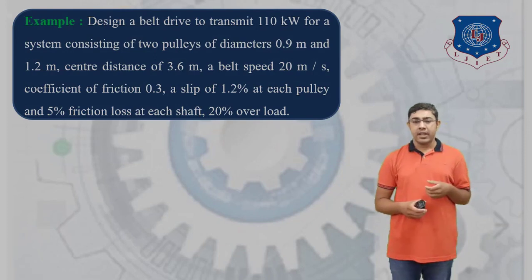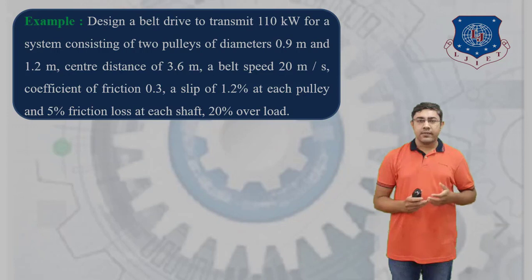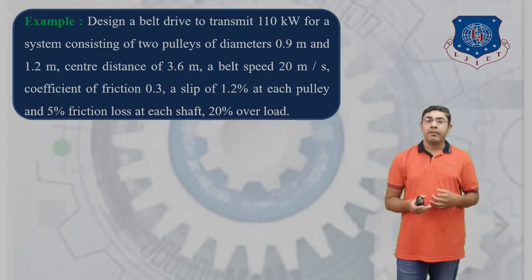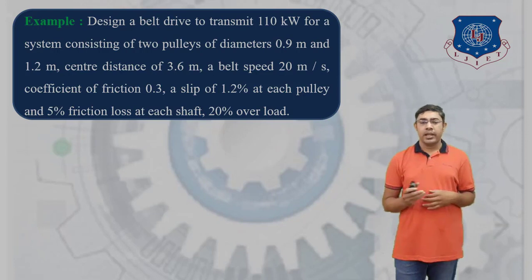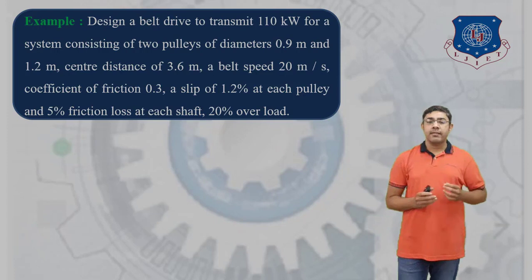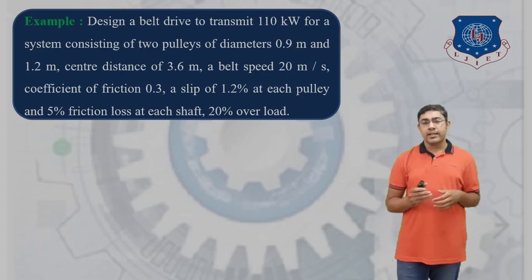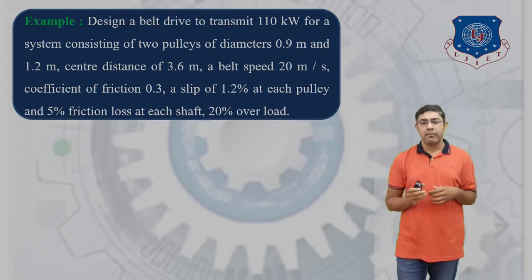Design a belt drive to transmit 110 kilowatt for a system consisting of two pulleys of diameter 0.9 meter and 1.2 meter. So here two pulleys are given: the bigger pulley has diameter 1.2 meters and the smaller pulley has diameter 0.9 meters.